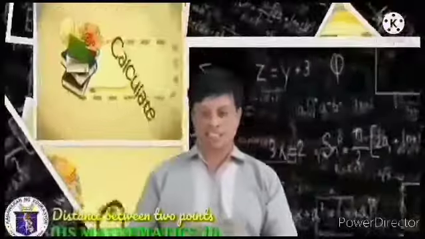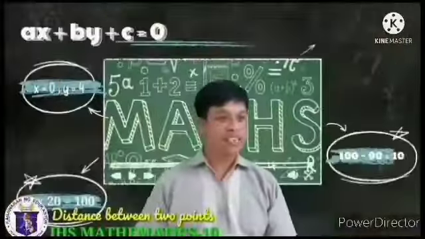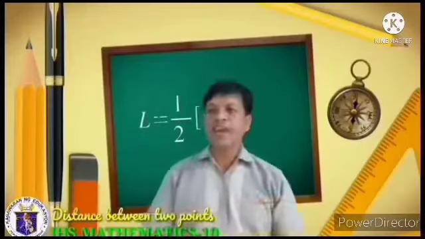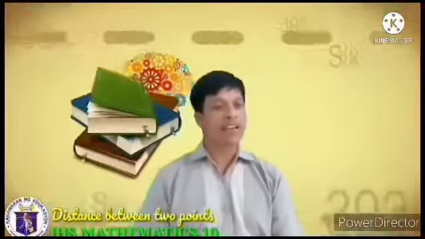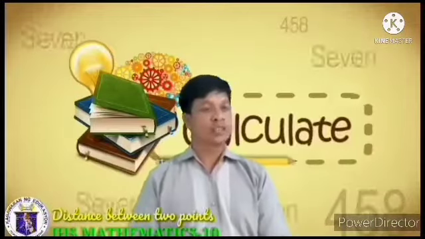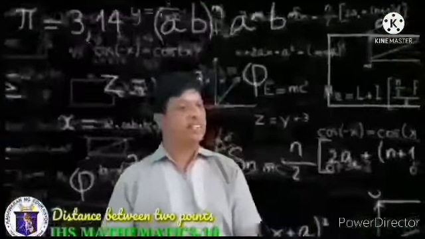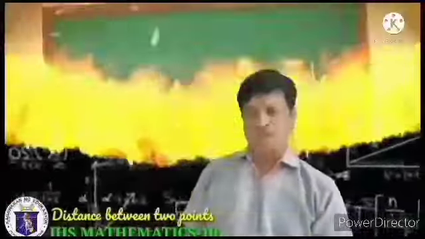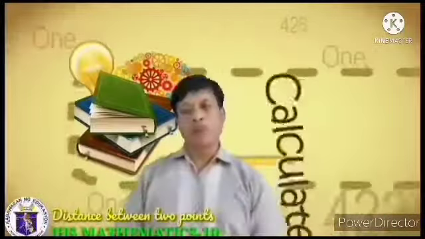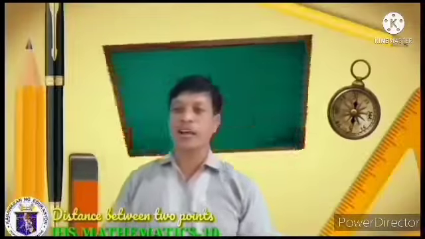Okay? That's good. Now, who would like to summarize what we've learned in today's lesson? Okay, today we learned how to derive the formula in finding the distance between two given points and use it to find the distance between two given points. Very good. So what theorem are we going to apply if we are going to derive the distance formula? That's right.